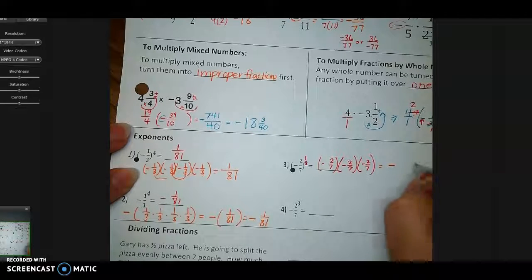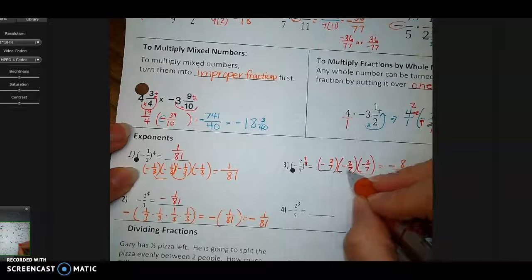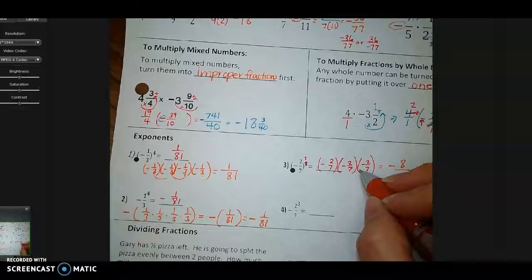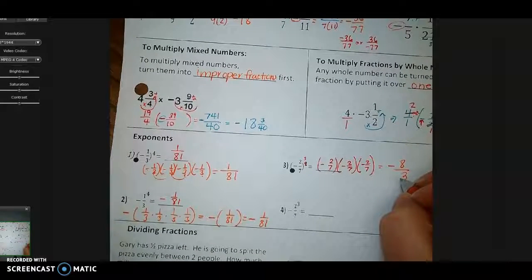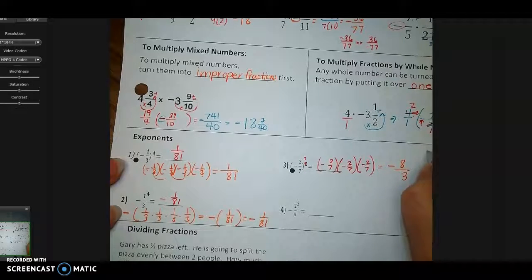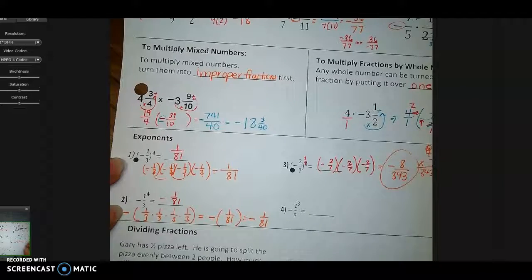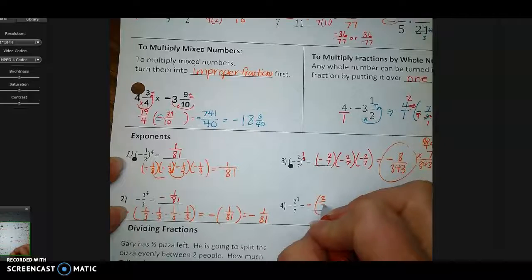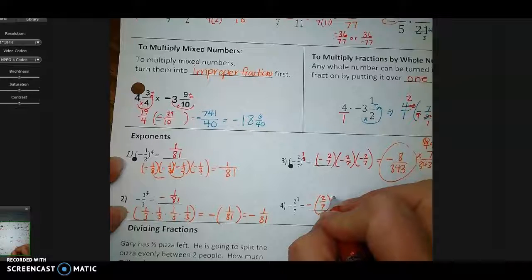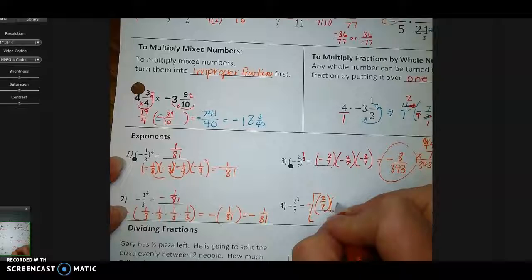I'm going to end up with a negative, and 2 times 2 is 4, 4 times 2 is 8. 7 times 7 is 49, and 49 times 7 should be 343. Same thing's going on down here. The only difference is I've got the opposite.